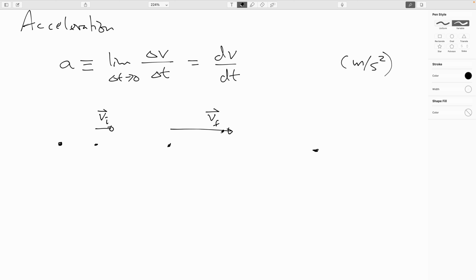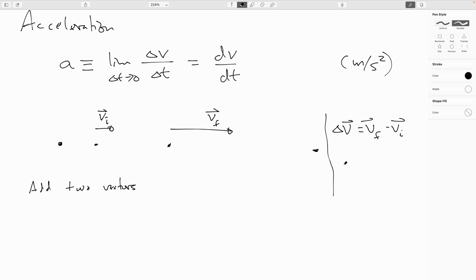And graphically, I can add and subtract vectors. So if I want to add two vectors, we'll do more on this in a later video, but just to introduce the idea now, the idea is that we know that the change in velocity would be the final velocity minus the initial velocity.